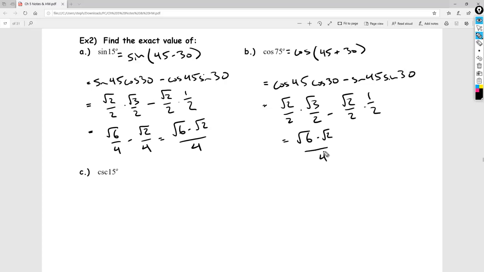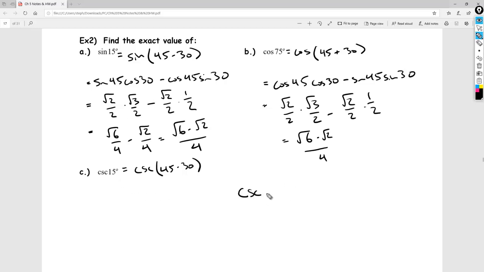Okay, the last one we're asked to do is cosecant of 15, so we can rewrite this as, again, 45 minus 30. Cosecant and secant have their own special sum and difference formulas, so I'll write them for you right here.